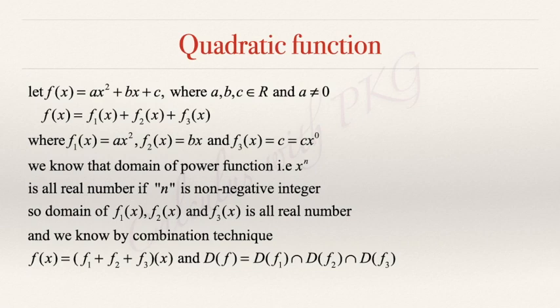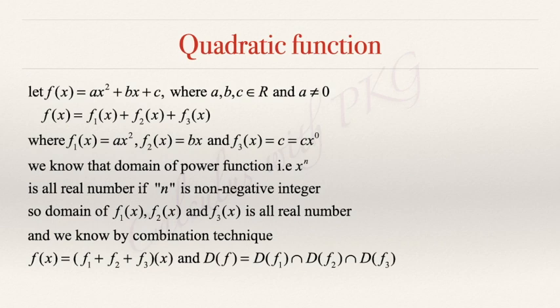Now we have already studied about power function from our previous lecture. We know that the domain of power function, that is x to the power n, is all real numbers if n is non-negative integer.